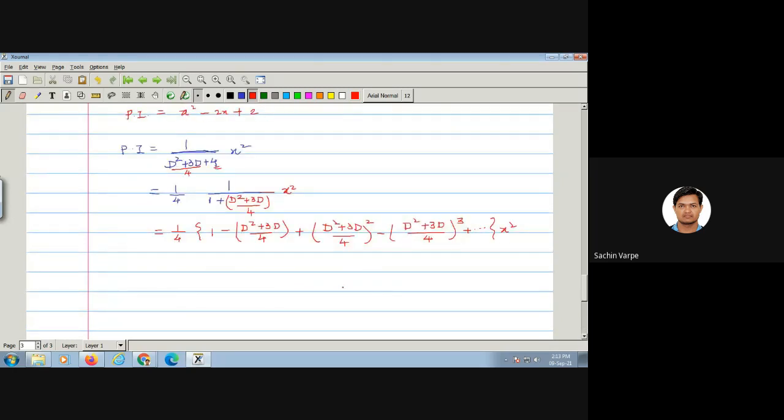So we have to ensure from each of these expansions whether we have the non-zero terms. From this, both the terms, D square and D, are non-zero. From this, when I expand, what I'll get is D raised to 4. That is neglected, right? We don't need to consider that term, because D raised to 4 operated on x square will be 0. Is this point clear to everyone?